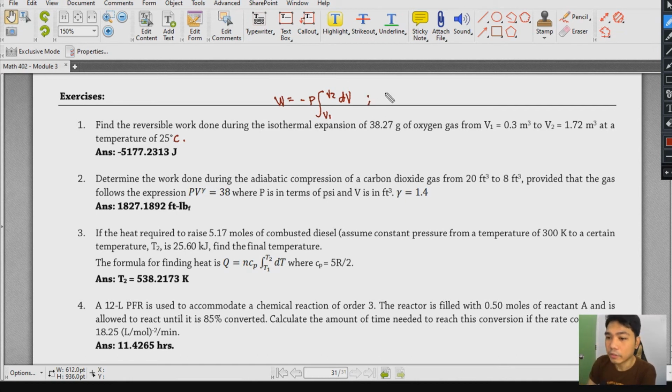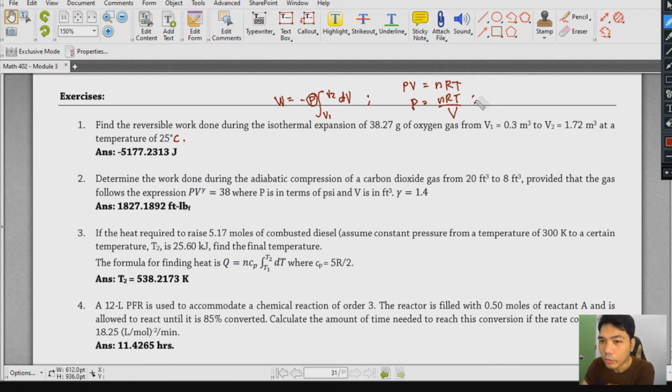Supposing that this is an isothermal process, we can think of the oxygen gas as an ideal gas. Knowing that this is an ideal gas, we could just use the ideal gas law, PV is equal to nRT. And what is the expression of the pressure? I want to express the pressure in terms of temperature and volume. So P is equal to nRT over V.